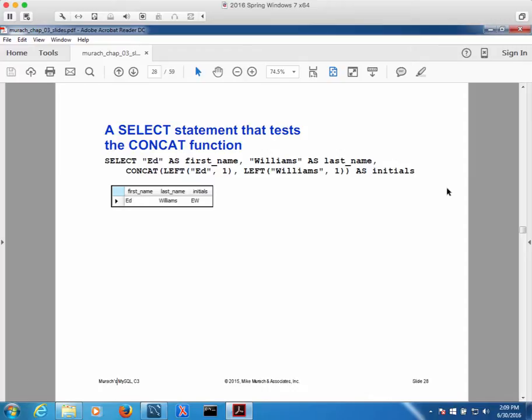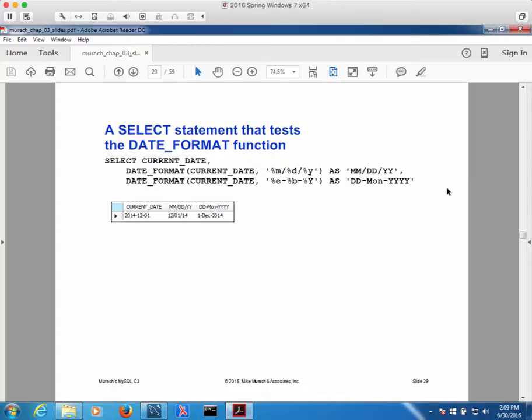Here's a statement on slide number 28 that tests a concat function. Okay, and again, this isn't something I do, but I know that other people do it, or it wouldn't be in the textbook. Here's a statement that tests the date function. So it turns out that current date is a sort of internal variable that takes on the current date and time.